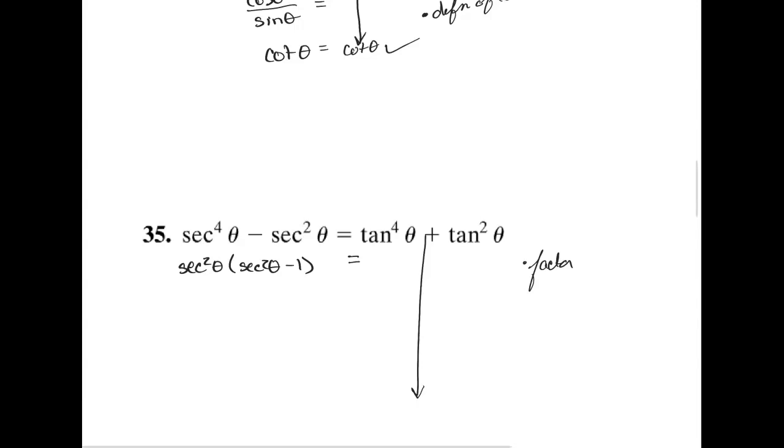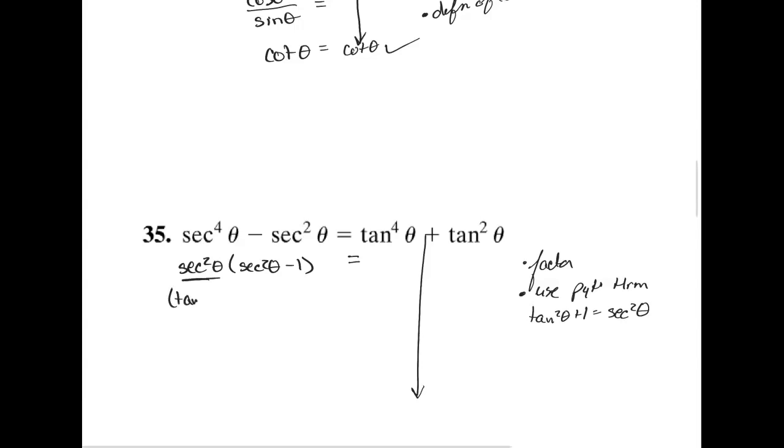And then now we're going to use some properties here. We're going to use the Pythagorean identity that ties secant and tangent together. We know that tangent squared of theta plus 1 is equal to secant squared. So I'm going to use that substitution right here.